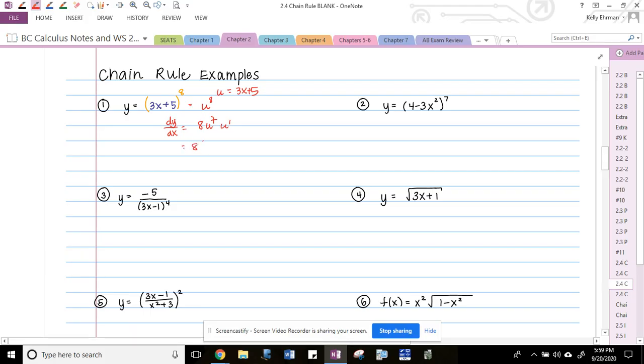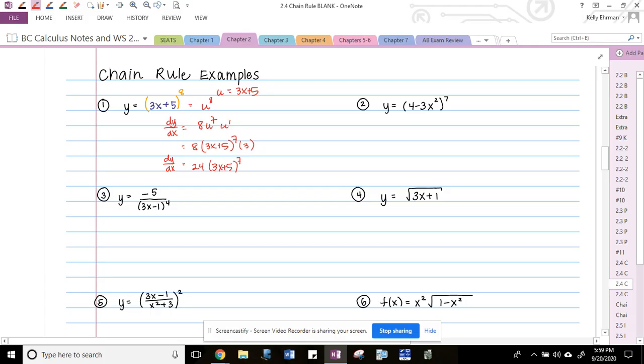So 8 times 3x plus 5 to the 7th. And then what is the derivative of u? So u prime is just 3. So times 3. And then I would take that further. So dy dx, I don't want to have an 8 and then multiply by a constant on the end. I'm just going to make that 24 times 3x plus 5 to the 7th.